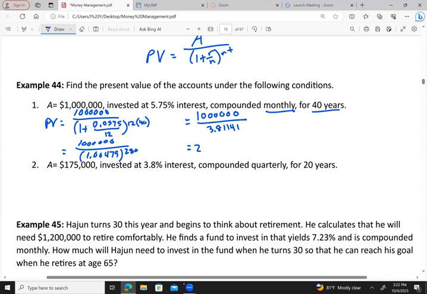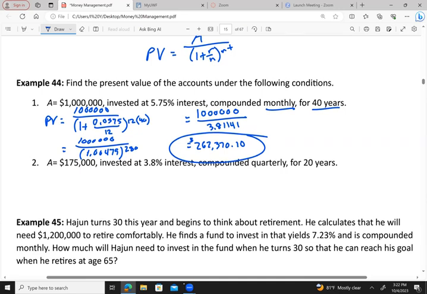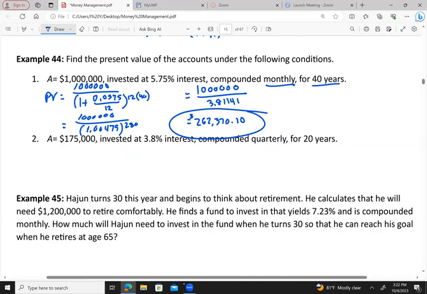Oh, there's a mistake here somewhere. Oh, there's not. $262,370 and rounding up to 10 cents. So we almost quadrupled our money over 40 years. Of course, who has $262,000 laying around to make the initial investment?